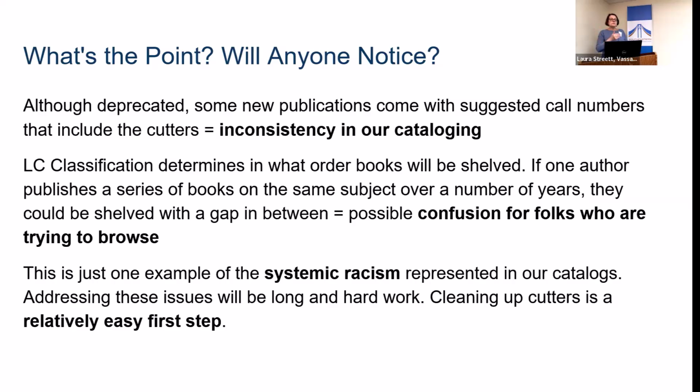As far as our patrons are concerned, the space between the N, which has now been replaced with a B for Black or African American, could be a matter of two books, but it could also be a matter of a shelf, depending on what kind of book and subject area it is.